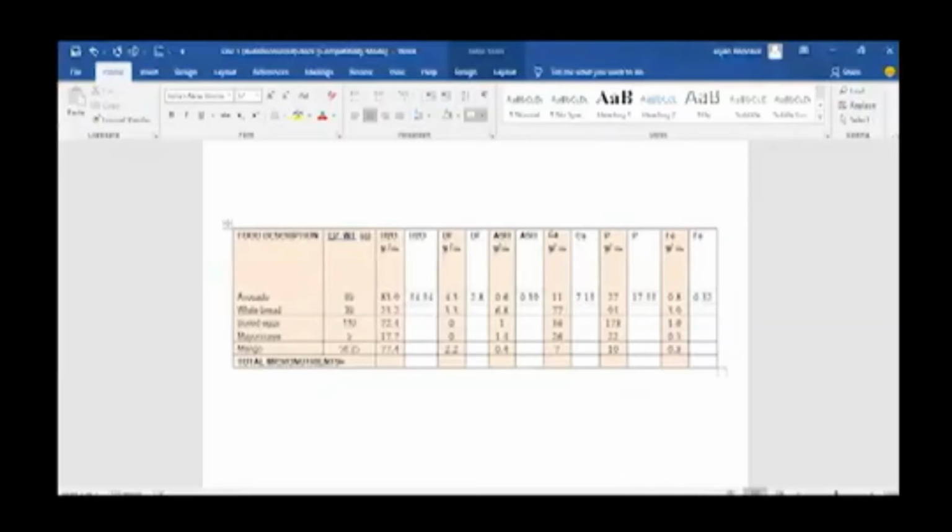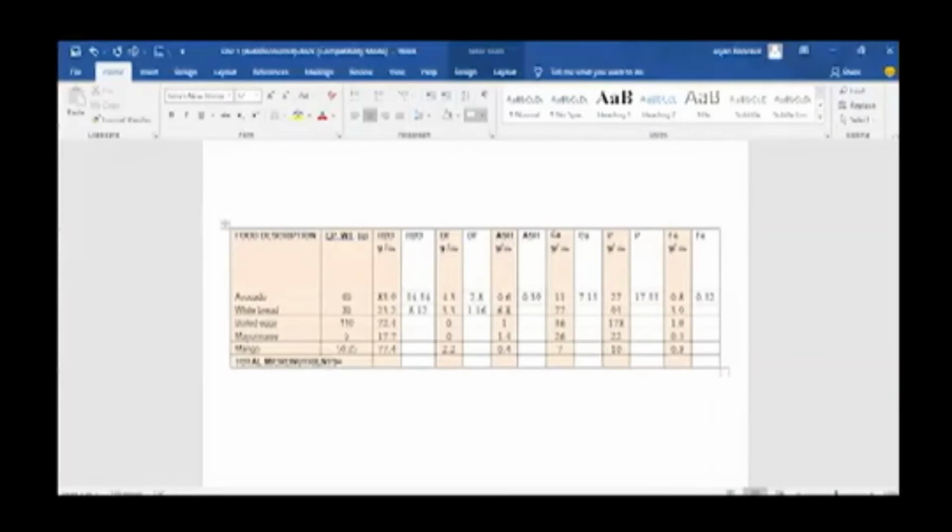And we continue the same thing for the other food items. So for white bread, H2O 23.2 times 35 divided by 100 is 8.12. For dietary fiber, we have 1.16. For ash, 6.8 times 35 divided by 100 is equal to 2.38.